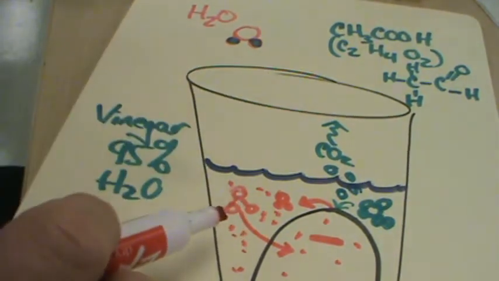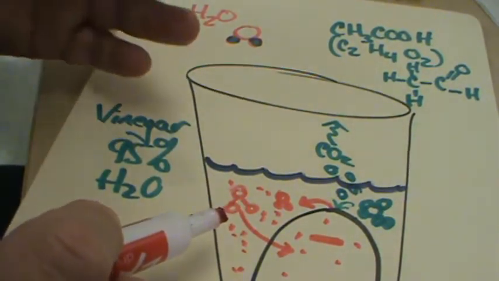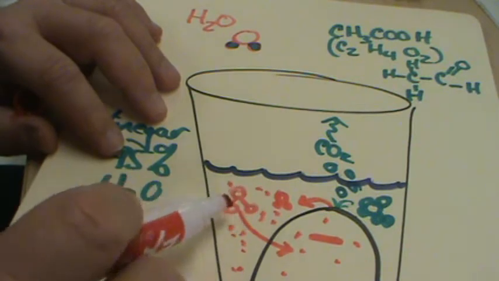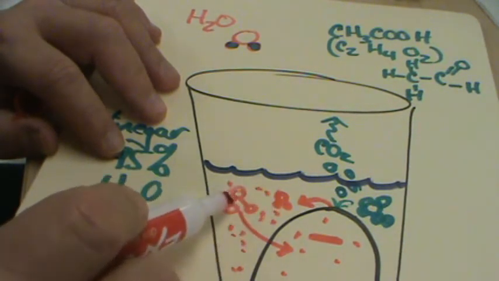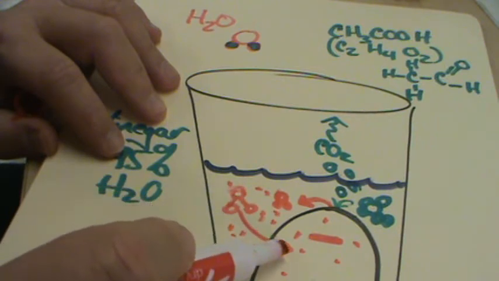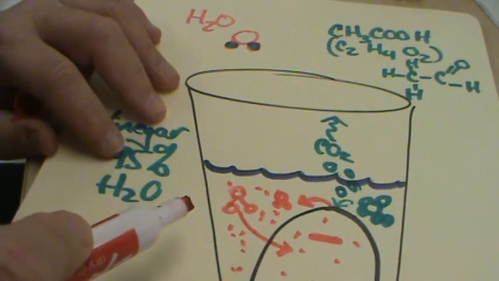So, osmosis and diffusion both. It is the movement of molecules or elements from a high concentration into an area of low concentration.